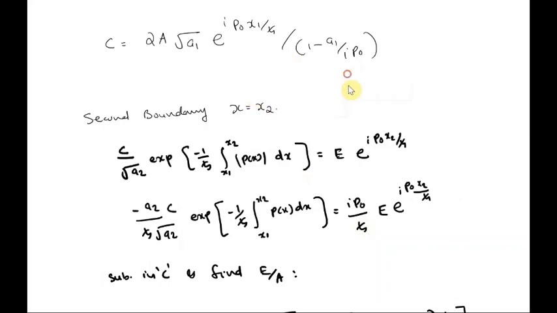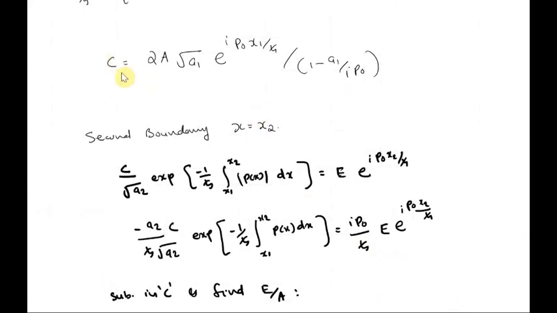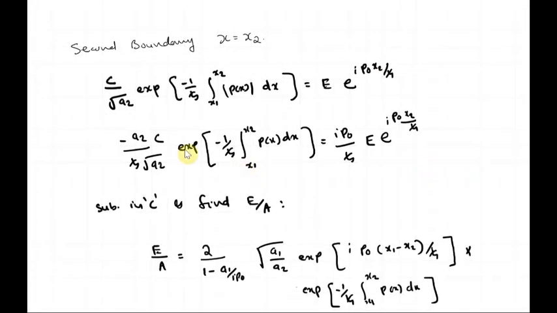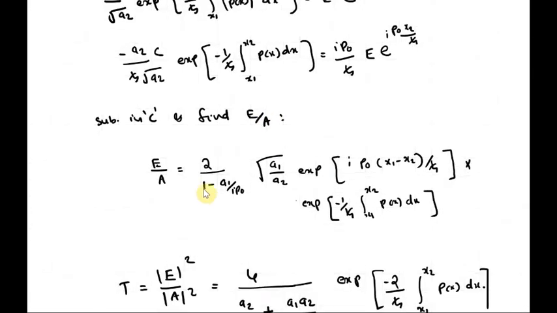We already obtained an expression that connects c and a, so you can substitute that constant c here. The expression can then be modified to extract e by a, which is a little bit of a mathematical step. Once you obtain e by a, it will be of this form.